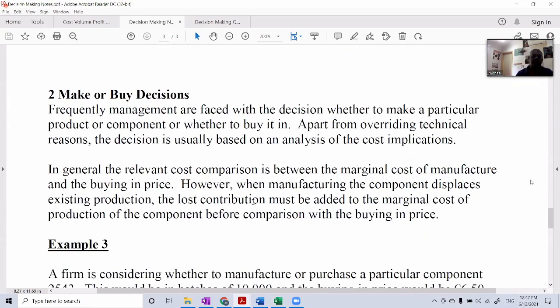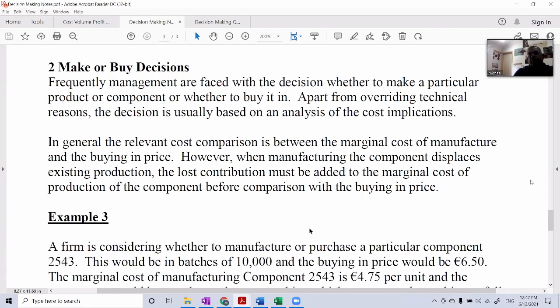Yeah, listen, in a make or buy decision, what you're looking at is exactly what you're seeing. Do you make or do you buy? Correct? When you have a particular product or a component that you want to make. If you read that, frequently management are faced with the decision whether to make a particular product component or whether to buy it.